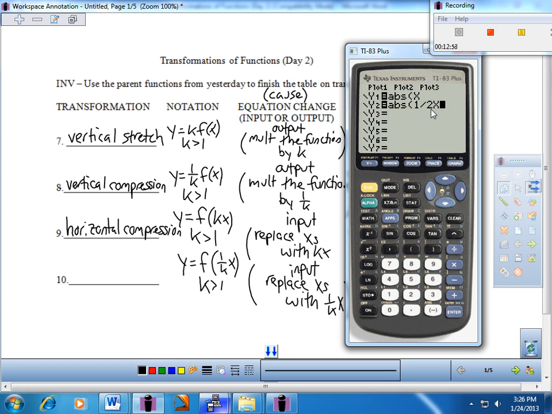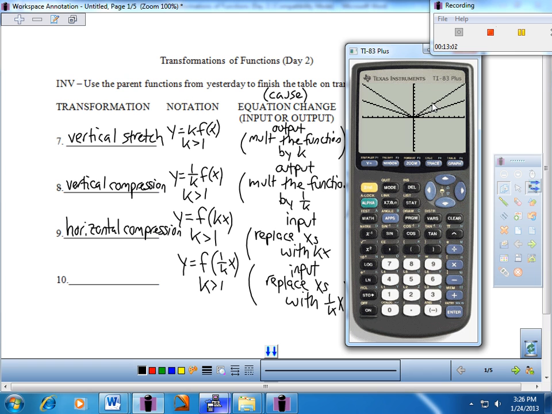So 1/2 x, and then let's go ahead and hit graph on that. Probably guess what's going to happen here, but let's go ahead and make sure. This is the original, and this is the new one.